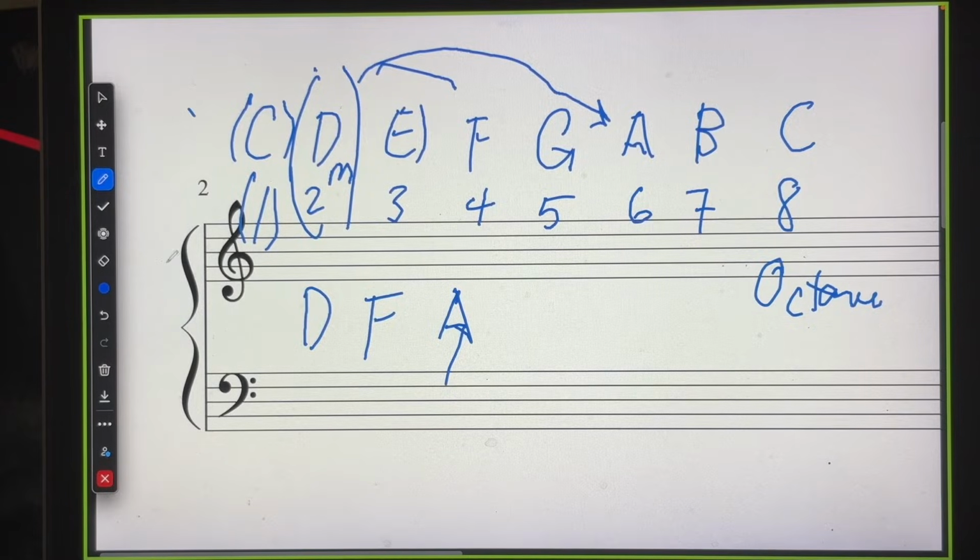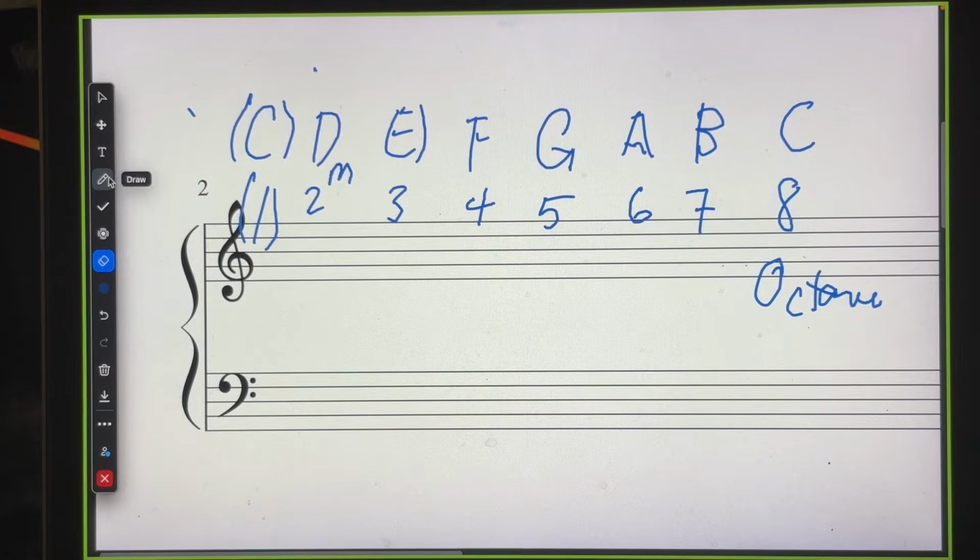So again, we can use the same formula to create or build a chord from the next note, E. And let's listen if it's happy or sad, okay? So first note is E, that's 1.